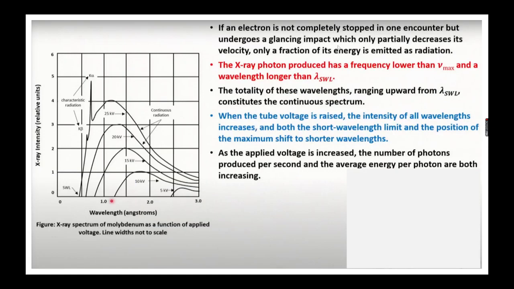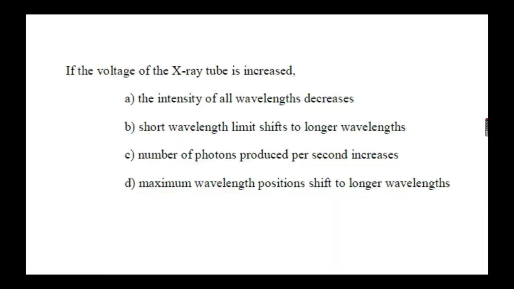When the applied voltage is increased, both the number of photons produced per second and the average energy per photon will increase, because when you increase the voltage, the acceleration will also increase. That's why the intensity is also increasing, and that leads to an increase in photons produced per second. So the answer will be C: number of photons produced per second increases. So yeah, you were right.